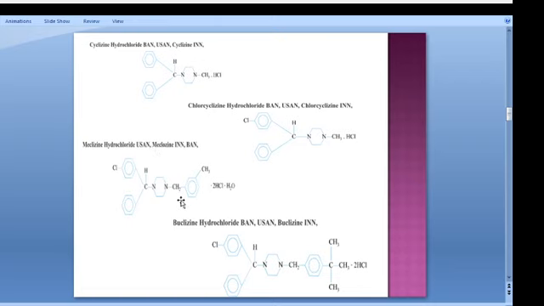Mainly these drugs, a moderate class of antihistamine, are used for nausea, vomiting, urticaria, hay fever and vertigo.